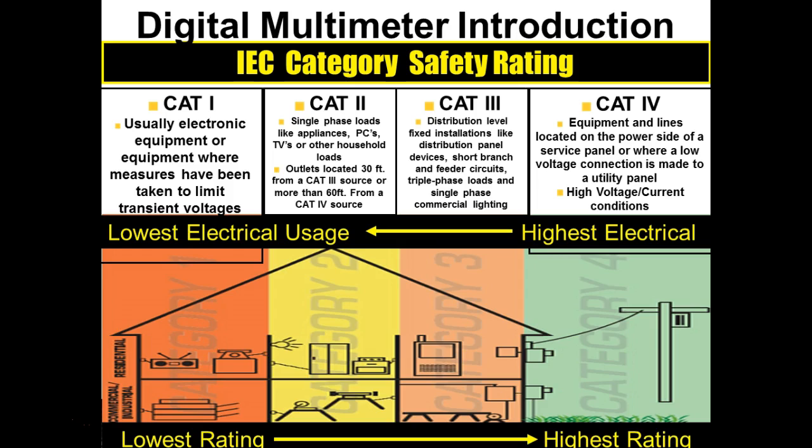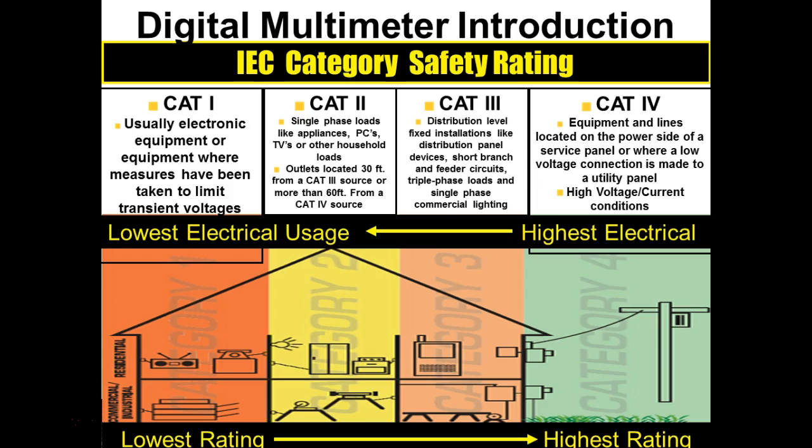So a Cat 2 meter, this is single phase, so this gives you the AC. Single phase, like appliances, PCs, TVs, and other household outlets located more than 30 feet from a Cat 3 source, or more than 60 feet from a Cat 4 source. Cat 3 is distribution level, so this will get us right in here where it comes off our panel box, right?